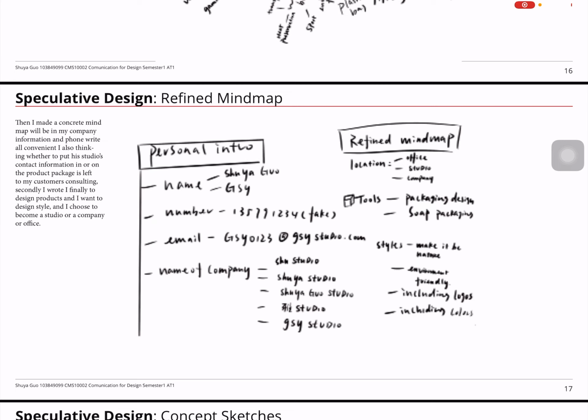It has the location of my company or studio or office, and also my ideas on tools. It has packaging design, so packaging, also styles. I wrote a few ideas in that part.